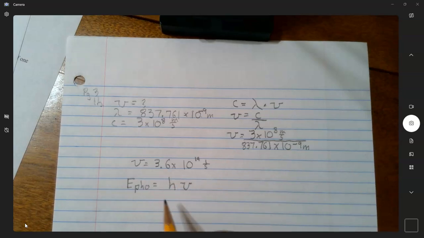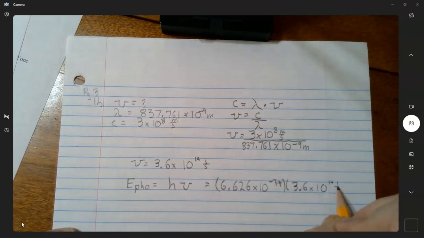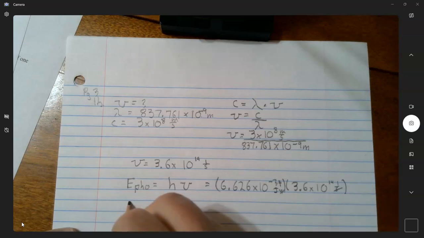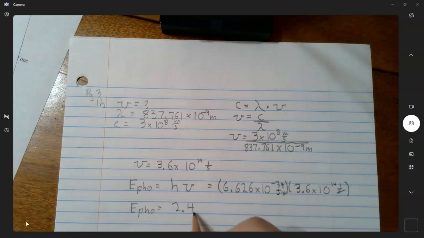And you can use either equation. I choose to use the shorter one for the energy of the photon. And this is joule seconds. So seconds and seconds cancel, you end up with joules for your final answer. Okay, and this calculation will give us 2.4 times 10 to the minus 19th. Again, we'll look for that minus 19th power, and that's joules per photon.